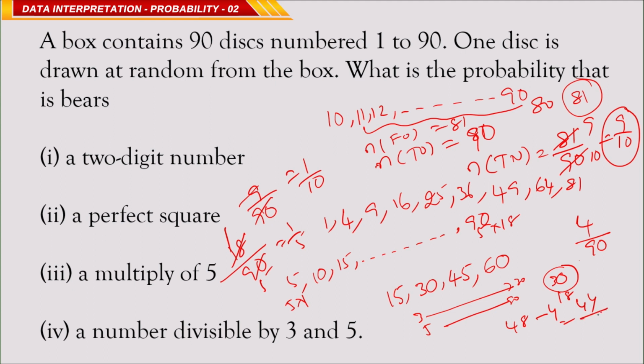So 44 by 90, which is 22 by 45. This is a very important thing. So 22 by 45 gives the numbers divisible by either 3 or 5. But here the question is numbers divisible by 3 and 5, that is 15, 30, 45, 60. So there are 4. The favorable outcomes is 4 and the total outcomes is 90, that is 4 by 90. Is it clear? Okay.